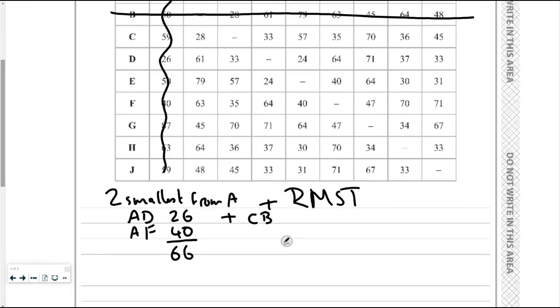But you should get, using Prim's now, CB for 28, DC for 33. Oh, nice. Good work. I did work with mine. DC, ED for 24. HE for 30.